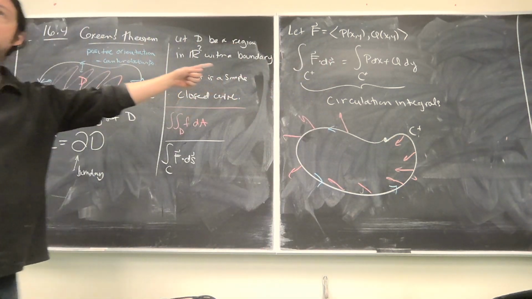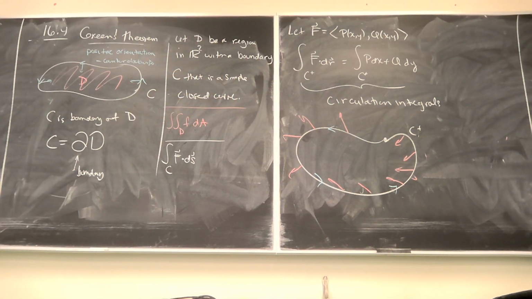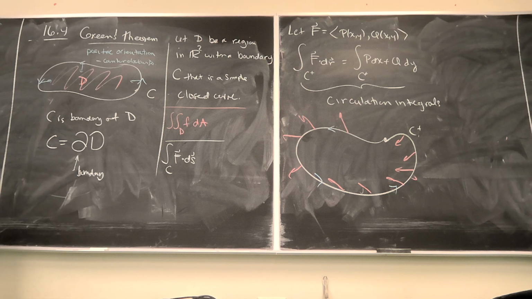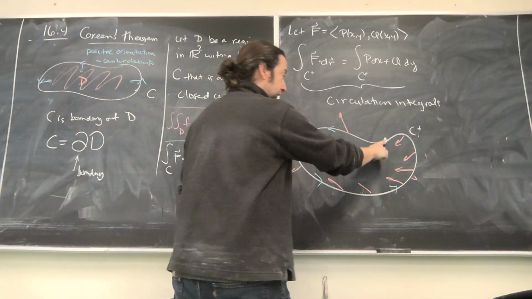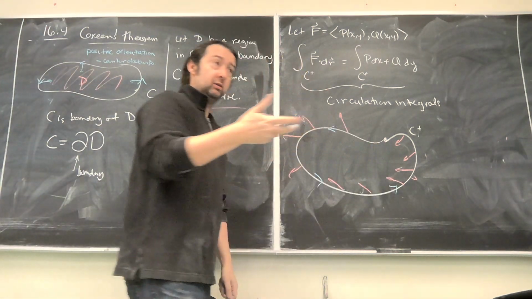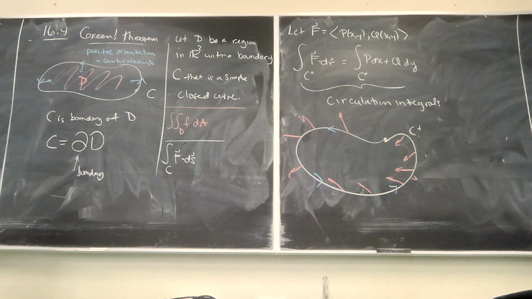What I'm calculating is the work done as I traverse the curve and come back to where I started, the amount of work done moving through the vector field. Now, if that was a conservative vector field, the answer would be 0. If you were working in gravity, it wouldn't matter where you ended and where you started, right? You would just be where you started and there would be no work done.